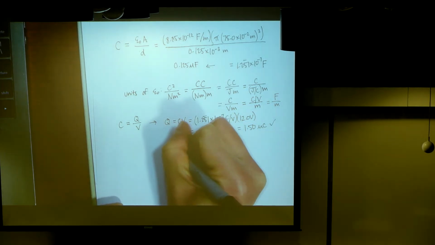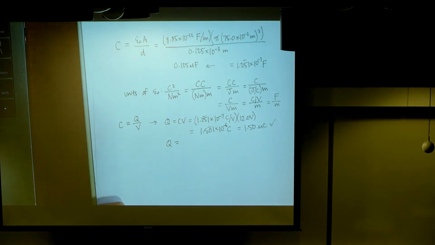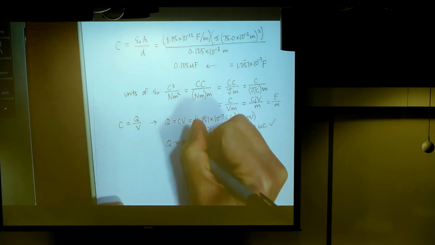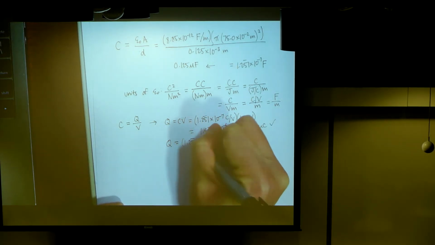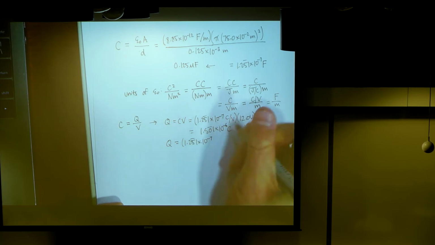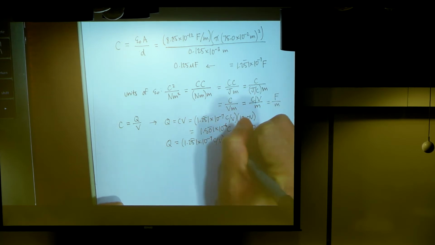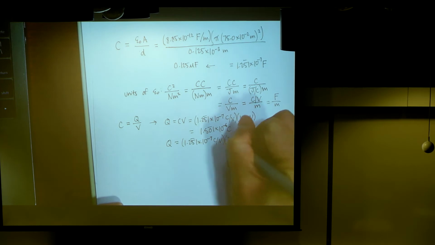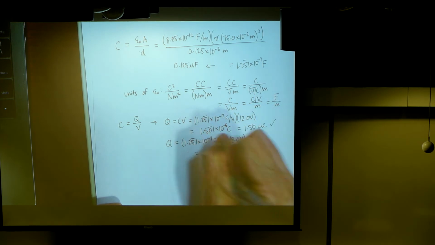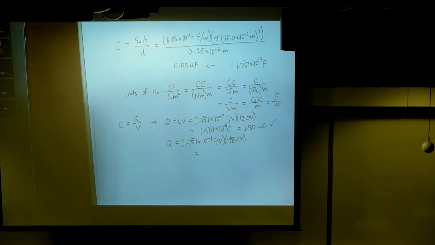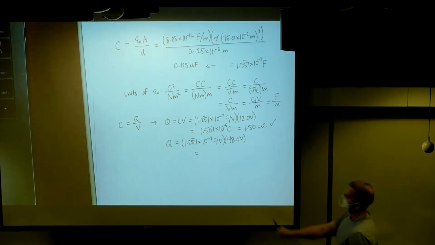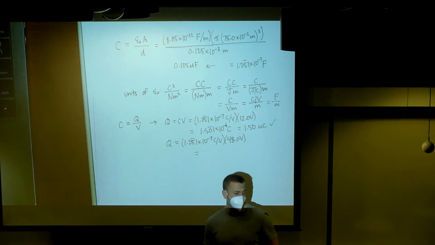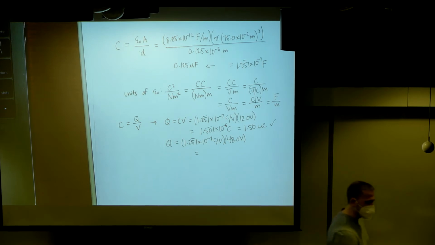And of course, if we were to instead use 48 volts, we would have 1.25 times 10 to the minus 7 coulombs per volt as our capacitance, and then 48 volts as our voltage. So basically, if we increase the voltage by a factor of 4, we're also going to increase the charge that appears on the plates by a factor of 4.